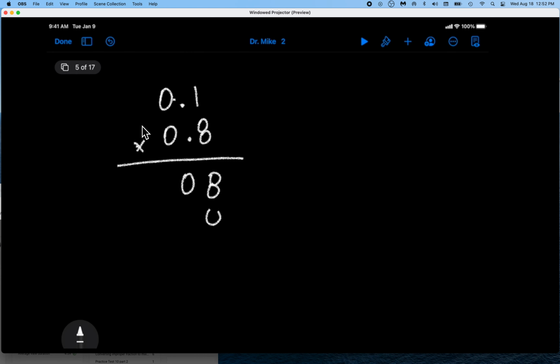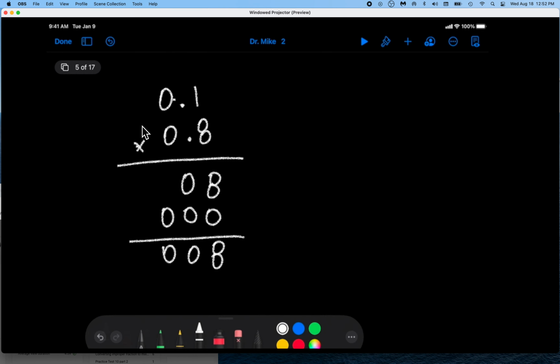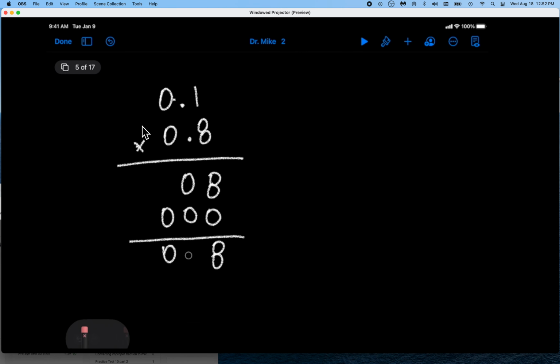You put a 0 placeholder. 0 times 1 is 0. 0 times 0 is 0. You add them. You get 8, 0, and 0. You can forget about these 2 zeros. That is temporarily your final answer.